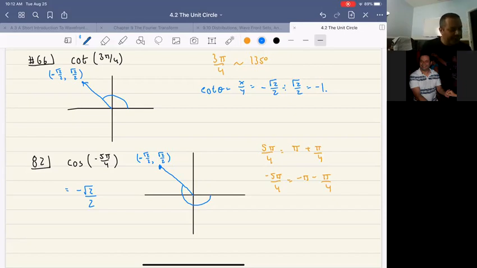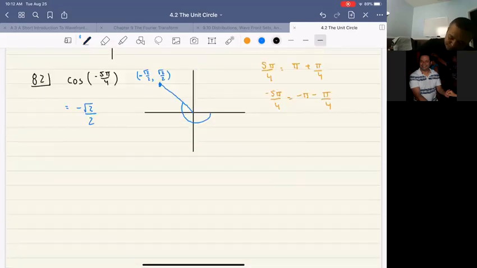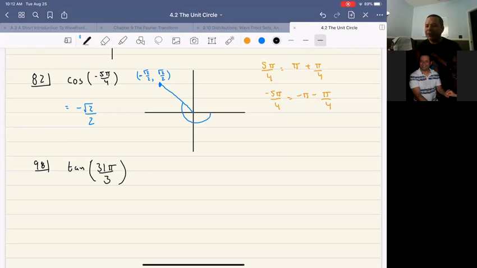Okay, let's do 98. We're going to take the tangent of 31 pi over 3. Okay, I want you guys to think about this one for a second. Okay, so how am I going to do this?